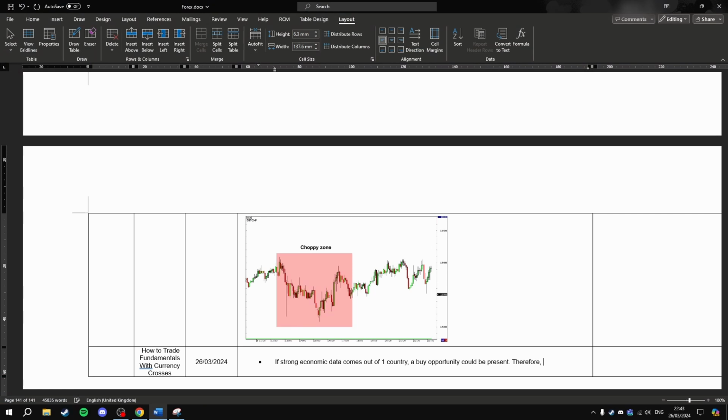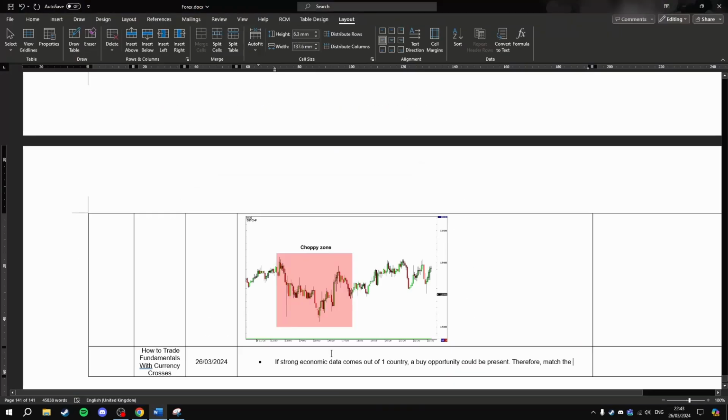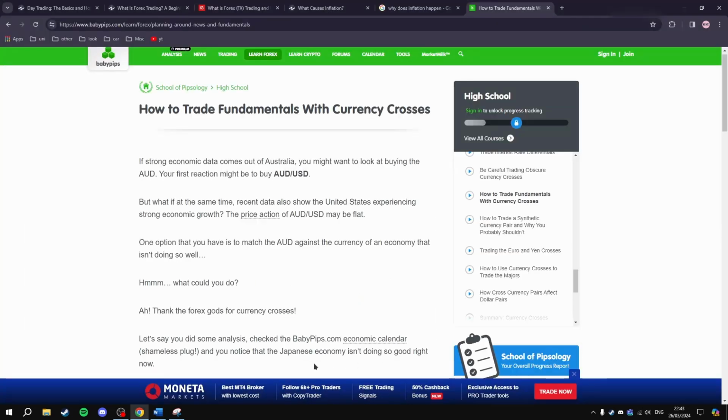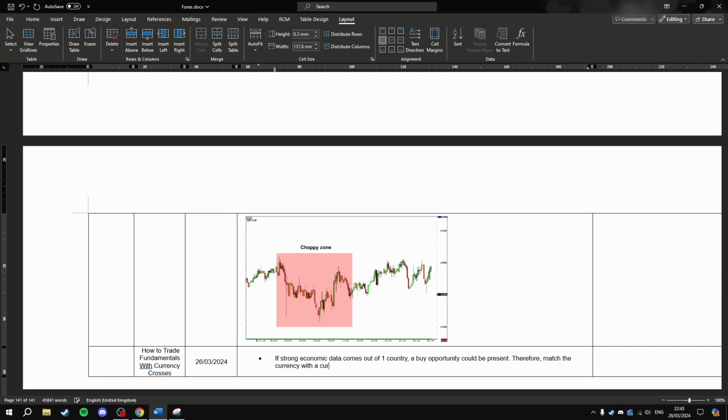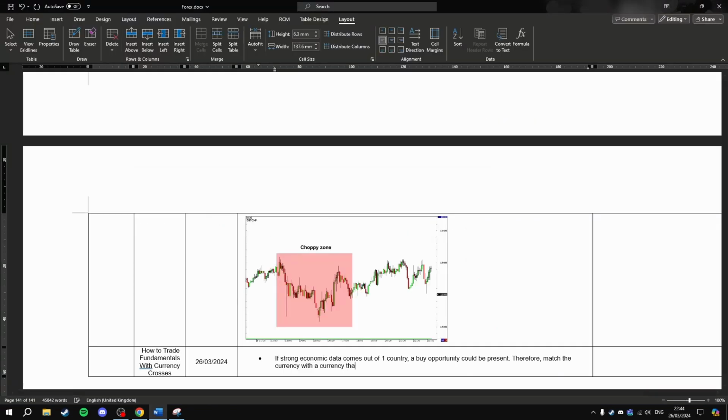Therefore, match the currency with a currency that isn't doing well.